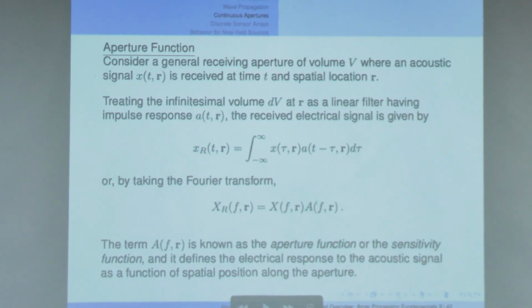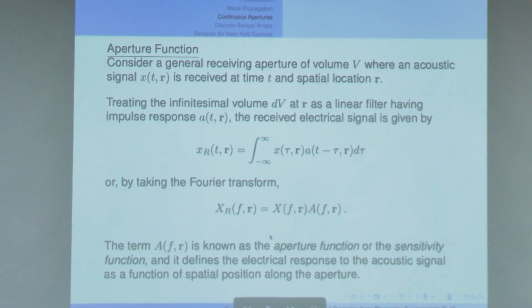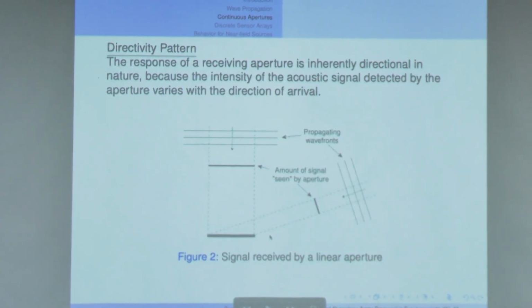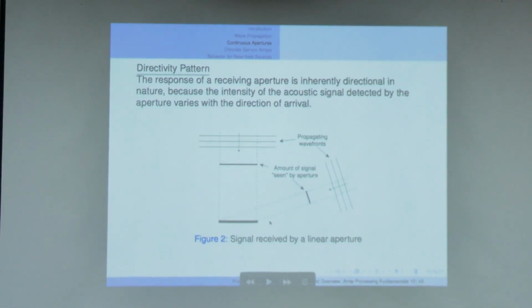So this is the impulse response or transfer function. If we want to obtain the total signal received on all the aperture, suppose that we have propagating waves from different directions, and this is the aperture.